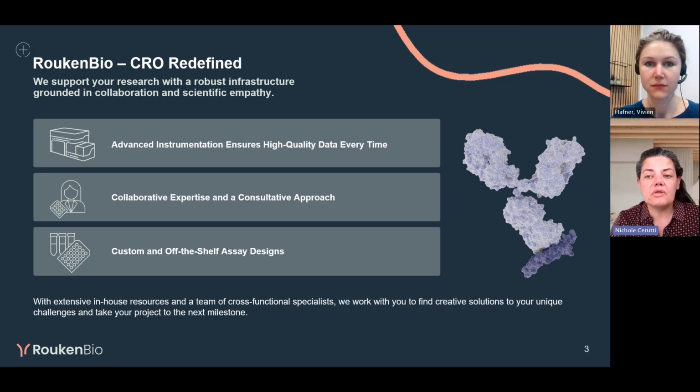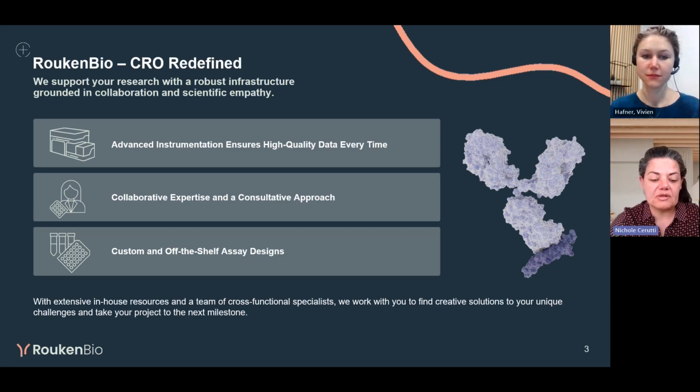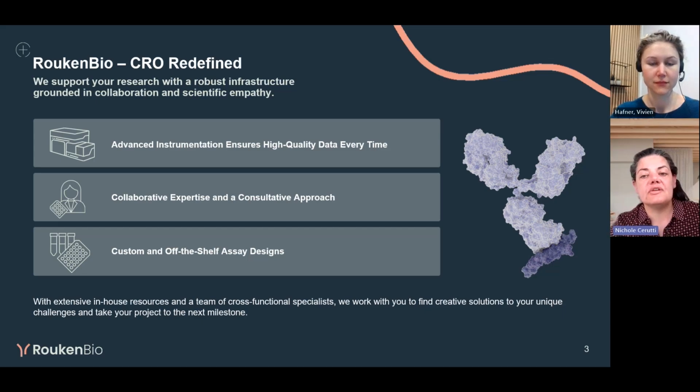And as we grew, we integrated biophysical services by acquiring 2 BioCore 8K systems. We also added advanced immunology services with primary cell models, human cell models. And we also then launched our innovation department in 2019, which allowed us to drive new bioanalytical capabilities.